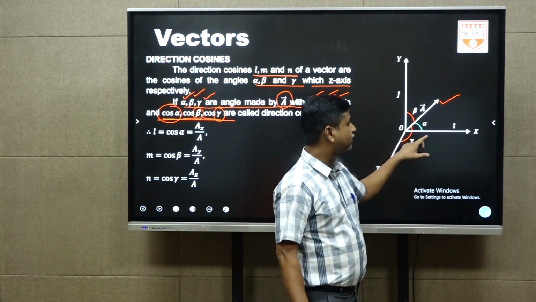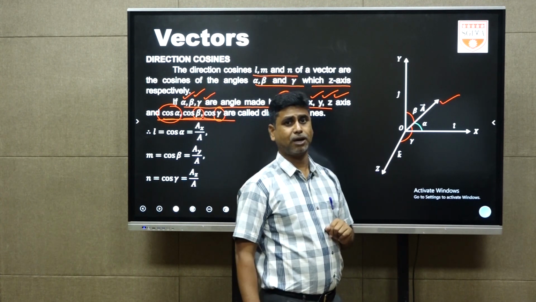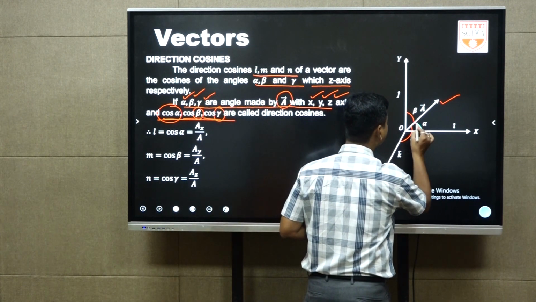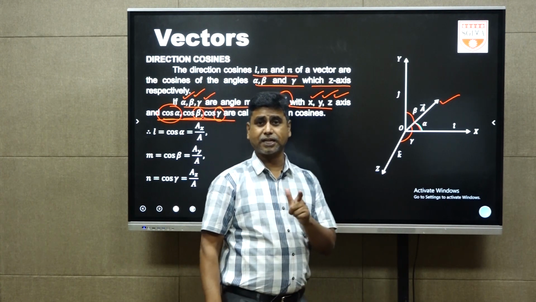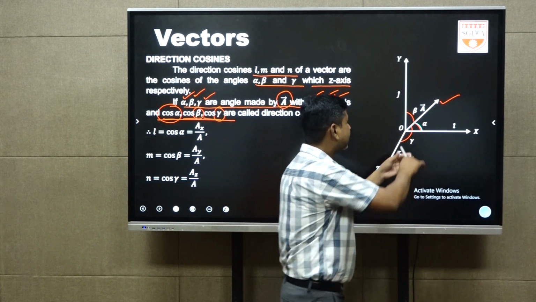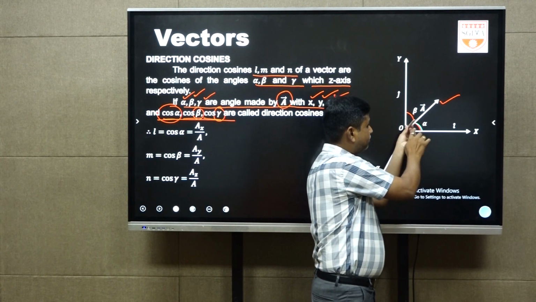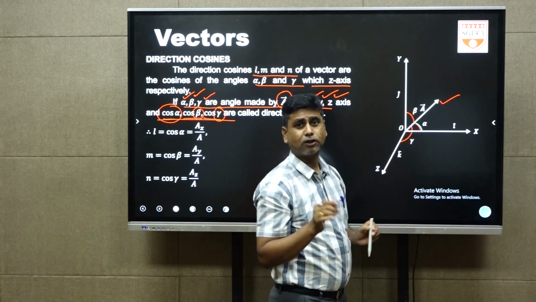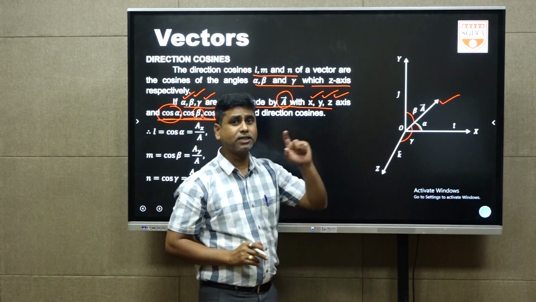This vector makes an angle alpha with the x-axis, beta with the y-axis, gamma with the z-axis. Generally you would answer that alpha plus beta is 90, but here it is not 90, because the vector is in space, not in the plane.